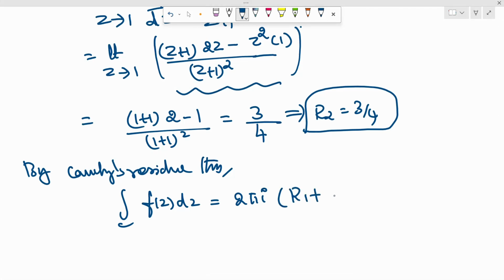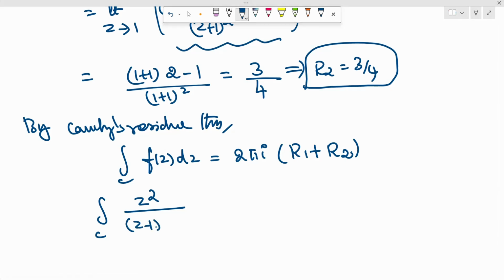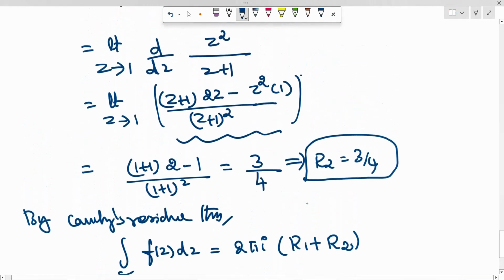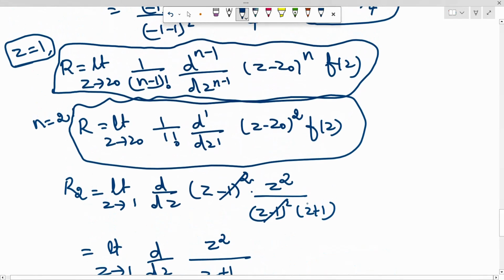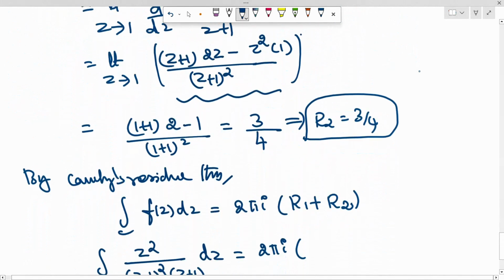In this problem we have two residues, that's why we write R1 plus R2. Integral over C of z square by (z minus 1) whole squared into (z plus 1) dz is equal to 2 pi i into (R1 plus R2). R1 is 1 by 4 and R2 is 3 by 4.